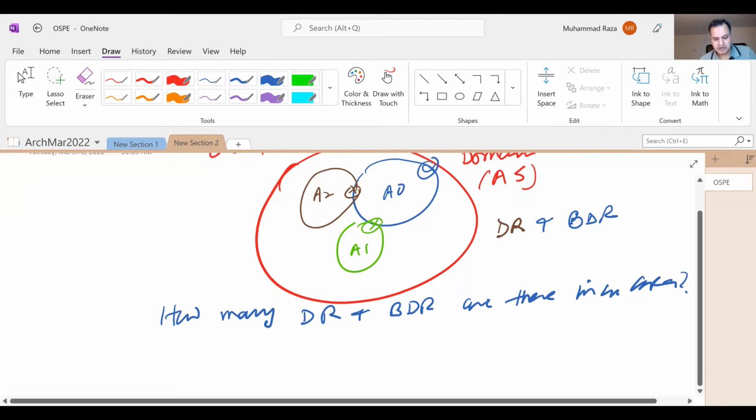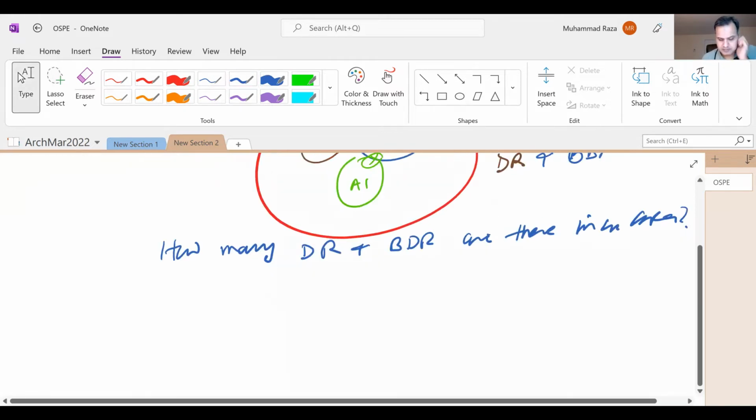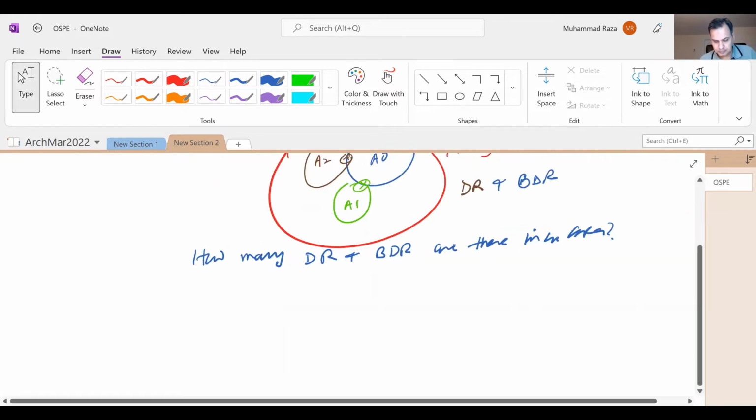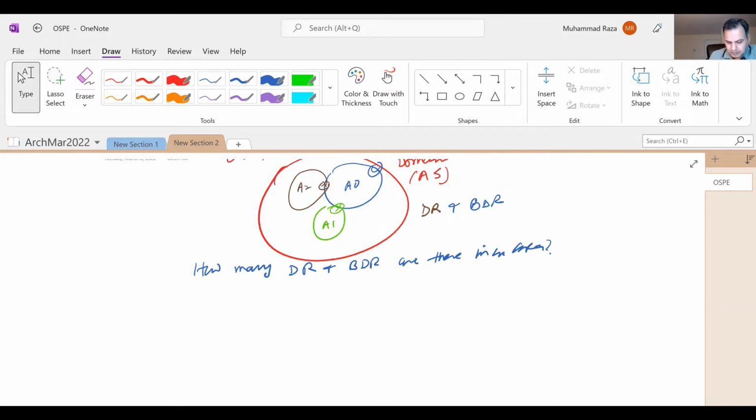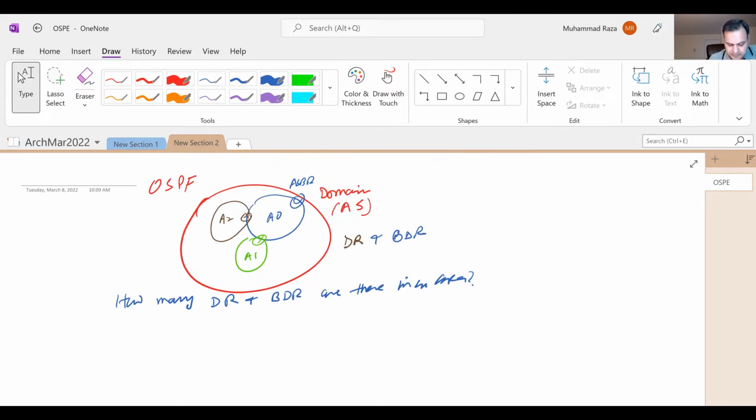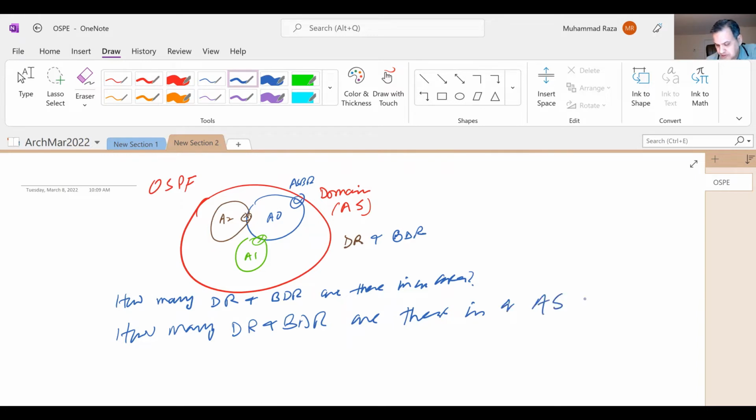Or somebody would phrase it, how many DR and BDR are there in an autonomous system, of course under OSPF.